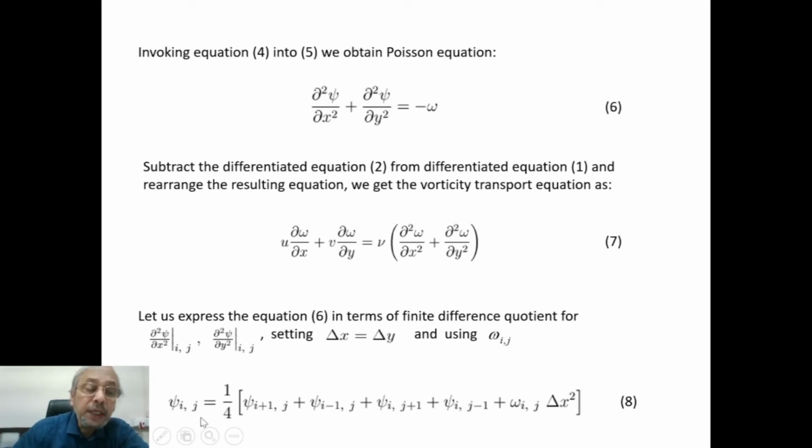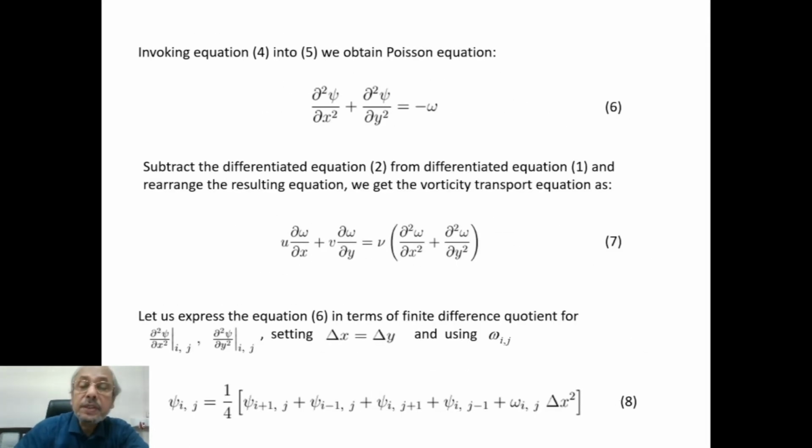So now we write psi ij, we transfer all the terms to the right hand side, and this is psi i plus 1 j plus psi i minus 1 j plus psi ij plus 1 plus psi ij minus 1 plus omega ij into delta x square, whole quantity divided by 4. Because we have taken del x equal to del y, it becomes very easy to find this expression, which is, as I said, comprising of psi and omega, divided by 4. And this is equation 8.